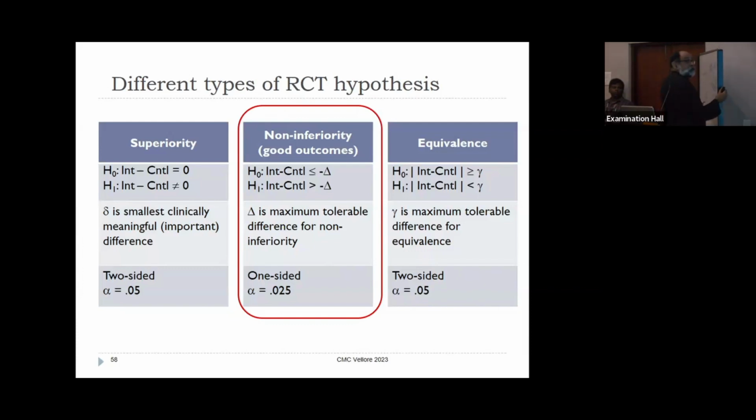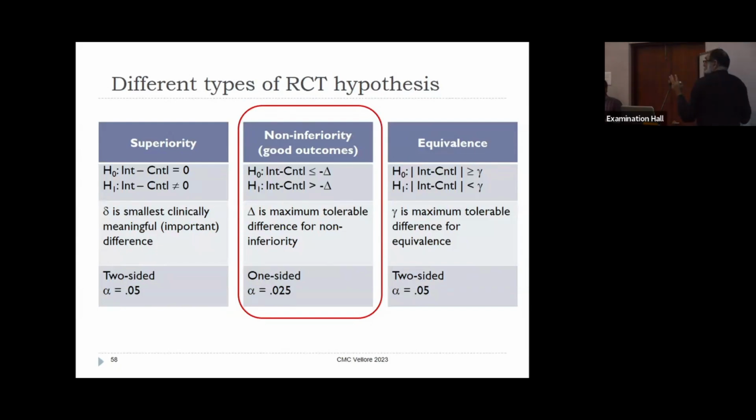So here, the delta, oops, was 2%. You're willing to tolerate being smaller than that. The gamma, you said it had to be 1%, and this delta was, you tolerated 5%. And you see that the non-inferiority studies tend to be larger in size than the superiority studies, but not as large as the equivalent studies. And that's what usually happens.